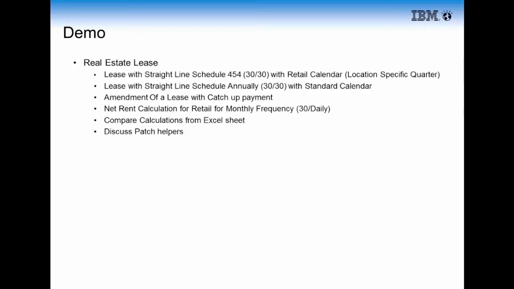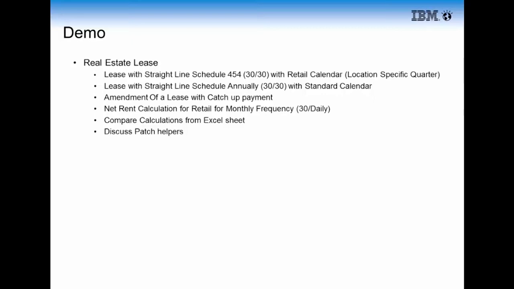The reason I picked 30 in both of these cases is that we have observed that with most of our customers, a daily option seems very rare, and I have not seen any so far. So I'm sticking to 30, and the more common accounting practice is to capture the accounting net rent value on a 30-day basis.